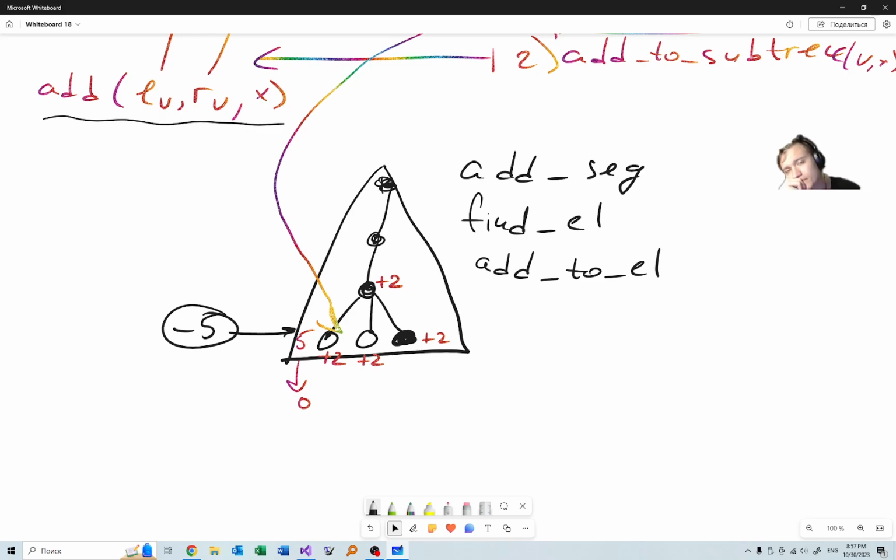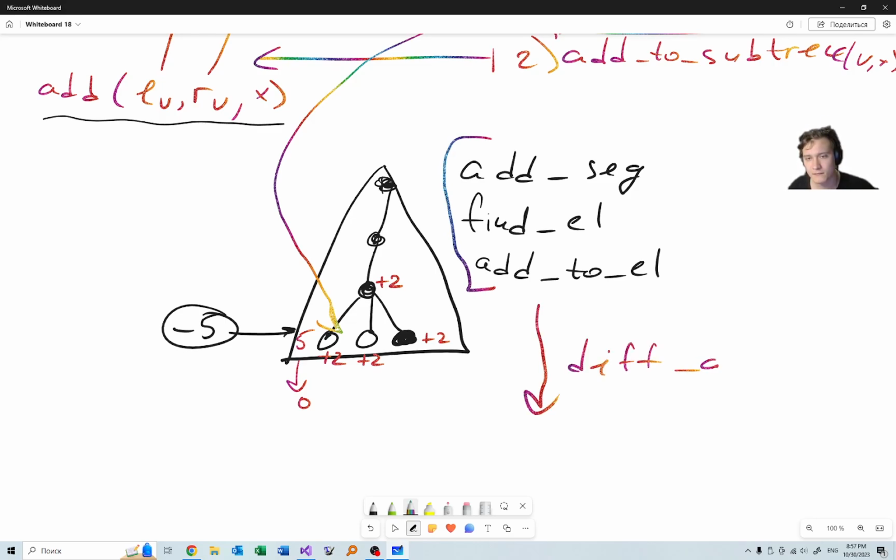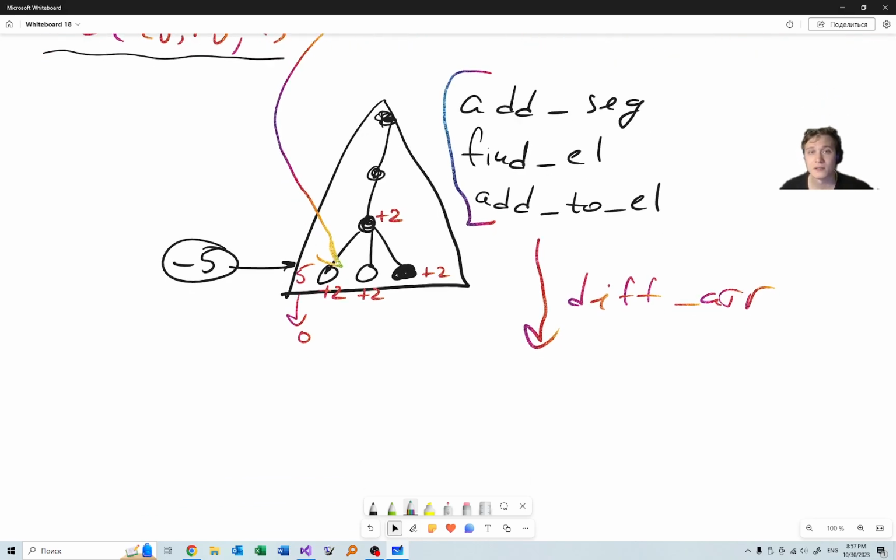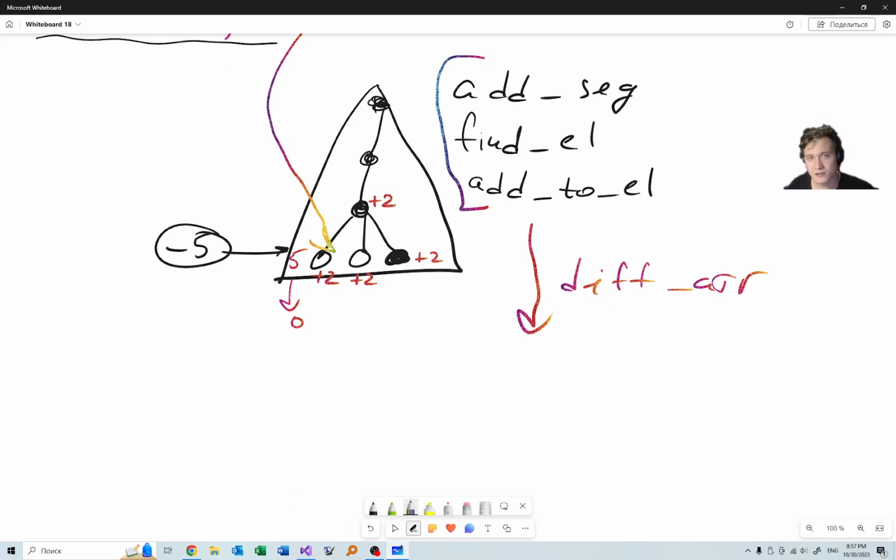Or is it? Let me think for a moment. Yeah, it's kind of fast. To do it, you would like to consider the difference array and make the operations on it. What happens here?